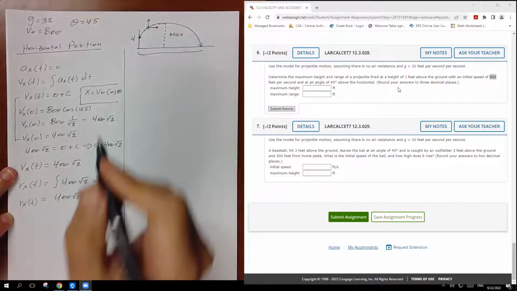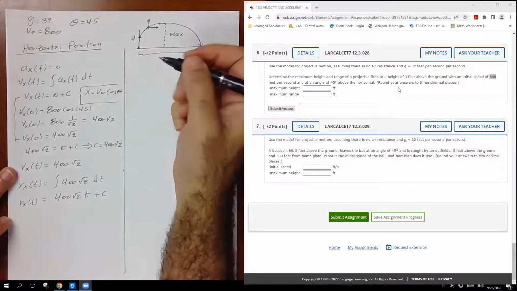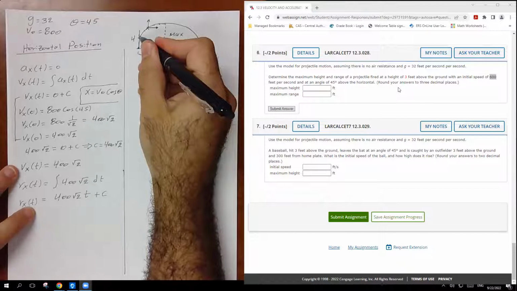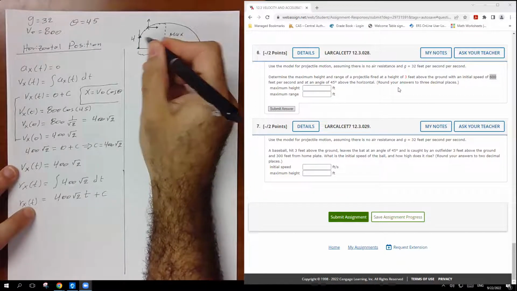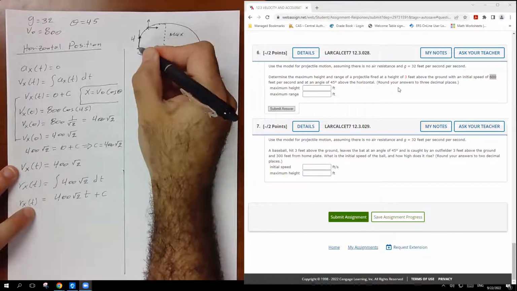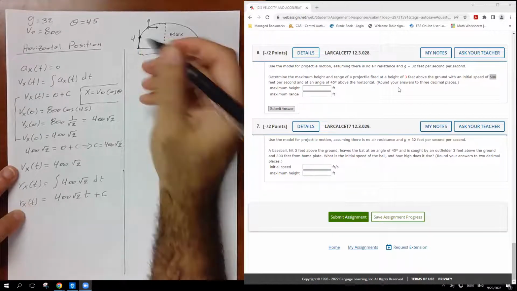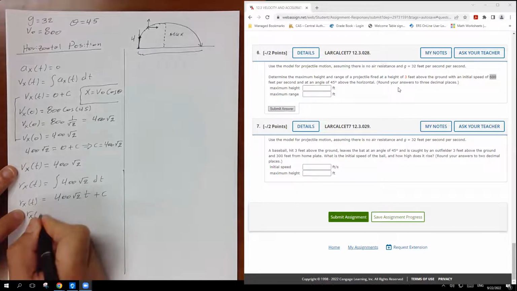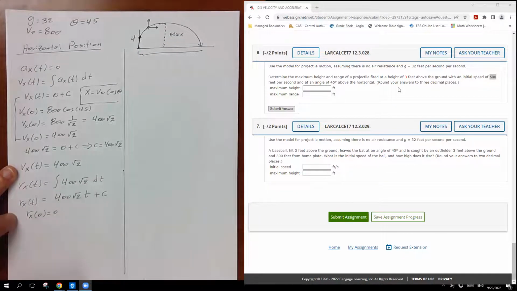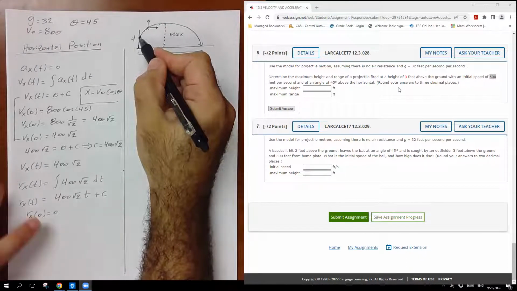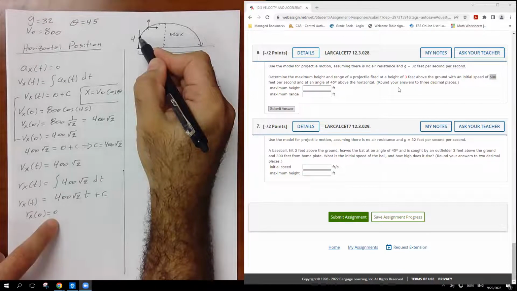At t equals 0, the x is 0. That means r of x at the 0 location is 0, because there is no range, there is no movement forward.